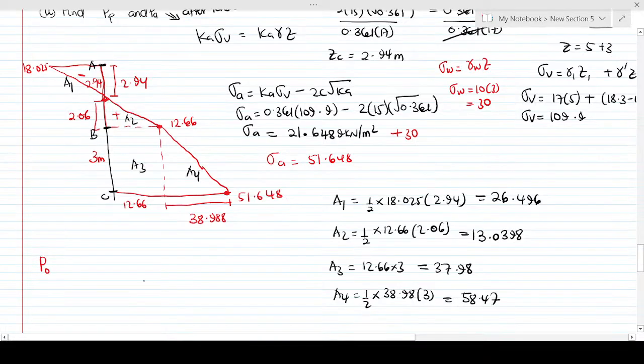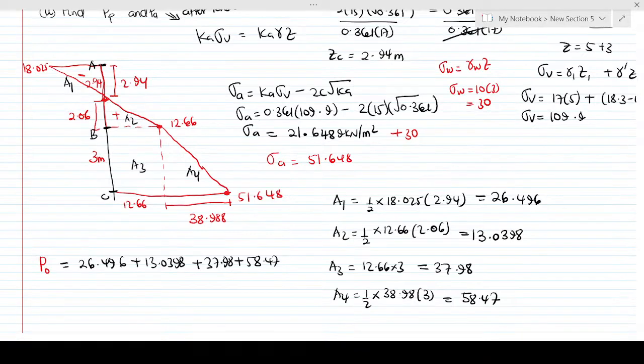So for my P, I have to add all of them together. So 26.496 plus 13.0398 plus 37.98 plus 58.47. Oh, sorry. Now this is negative.